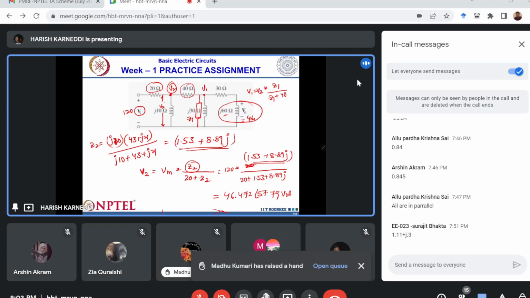The total impedance means this is the total impedance and this is the individual impedance.